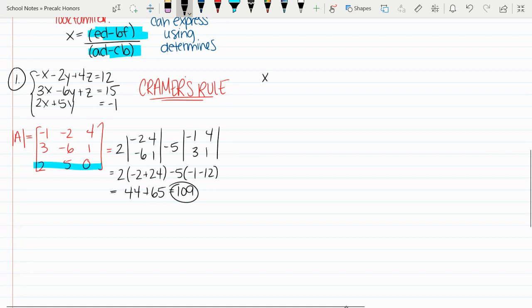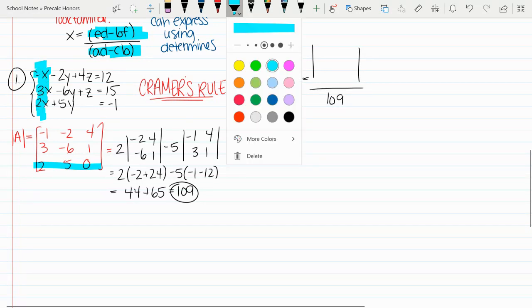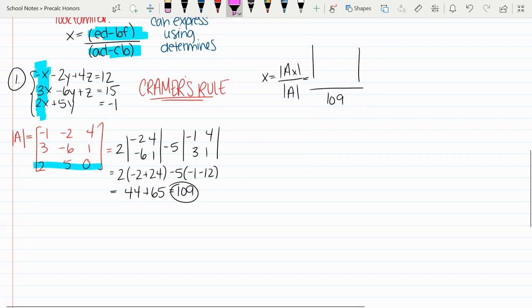So I'm going to start over here by solving for x. And we do this by finding this Ax determinant divided by our coefficient matrix determinant, which we already have. So Ax we find by replacing the x coefficients. So that's going to be all these guys. Replacing those with our answers.